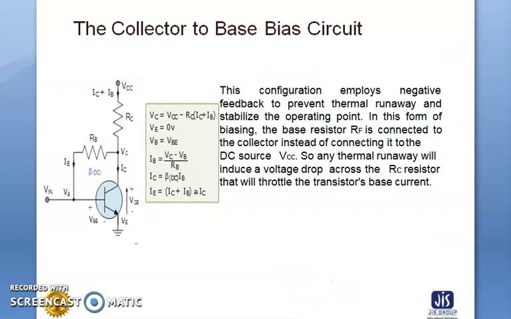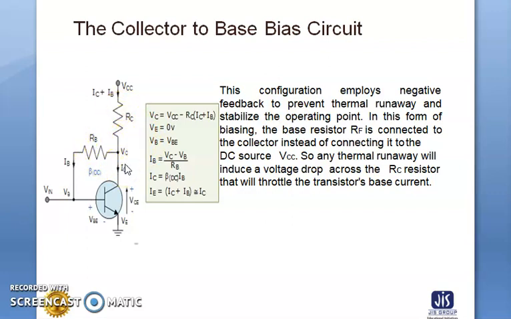Now, the collector to base bias circuit. This self-biasing collector feedback configuration is another beta-dependent biasing method, which requires two resistors to provide the necessary DC bias for the transistor.